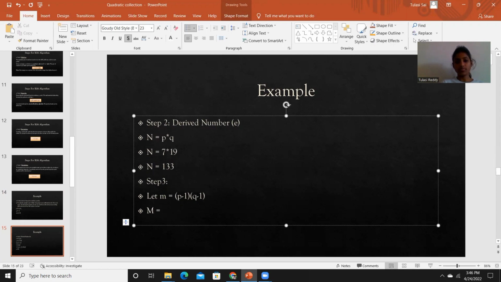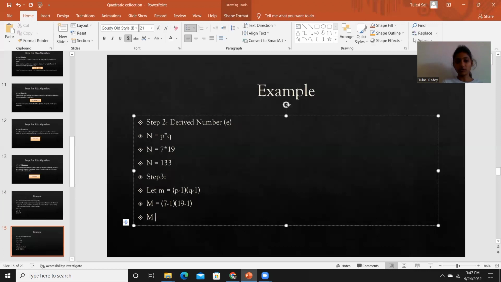So m equals 7 minus 1 into 19 minus 1. The answer: m equals 6 into 18.